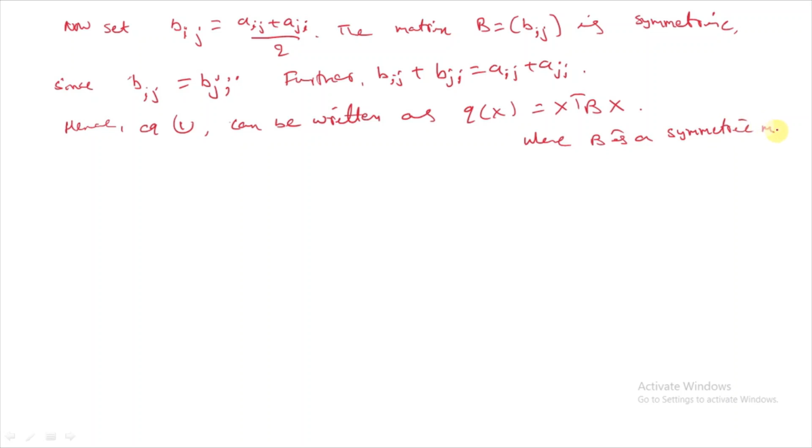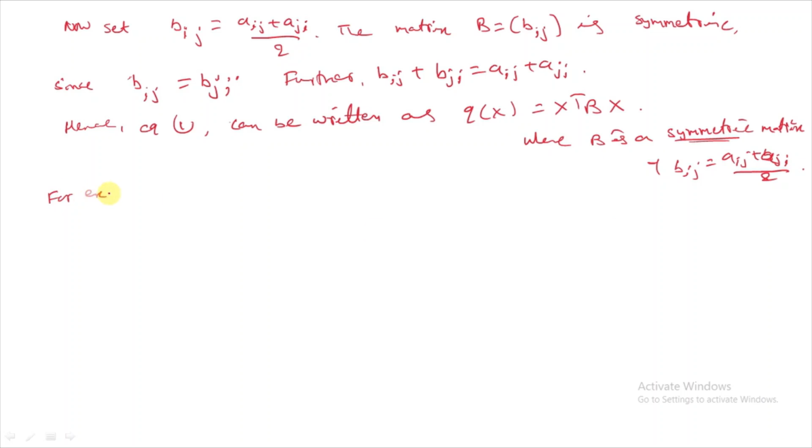So from a quadratic form, we can write a symmetric matrix, and you can write b_ij equal to (a_ij plus a_ji) divided by 2.